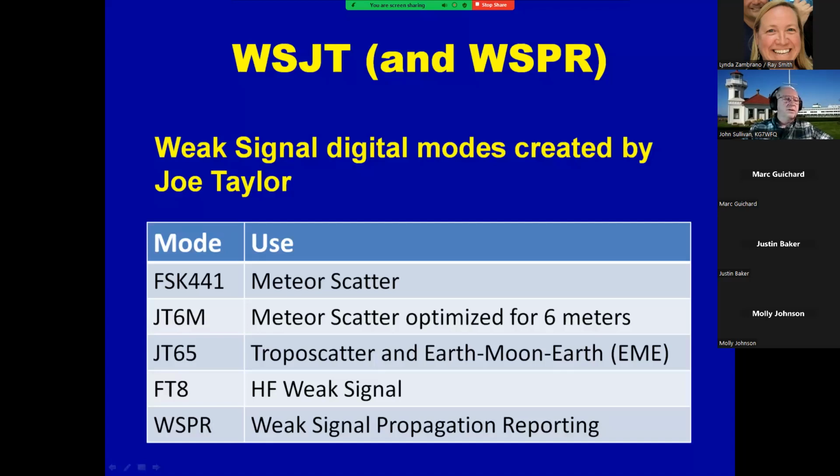It's an HF weak signal mode, and it's a way of making contacts literally all over the world with not a very sophisticated HF station, because it pulls the weak signals out through digital signal processing and allows you to pick up things that you would not normally be able to. So it's a very popular program. In fact, I heard somewhere that it's probably the most popular mode right now, at least in HF.